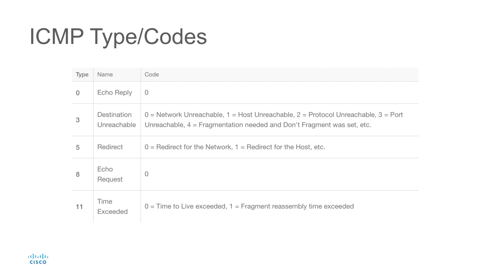So we want to watch for those 4 basic types of destination unreachable messages. We want to watch for the network unreachable, host unreachable, protocol unreachable, and port unreachable. And that will help us to identify where the issue is.